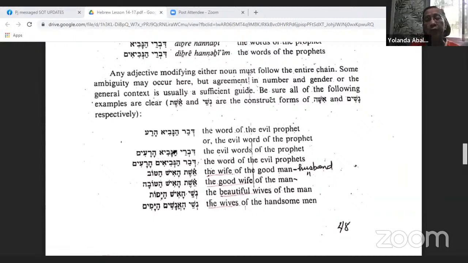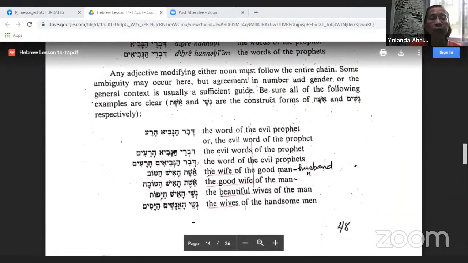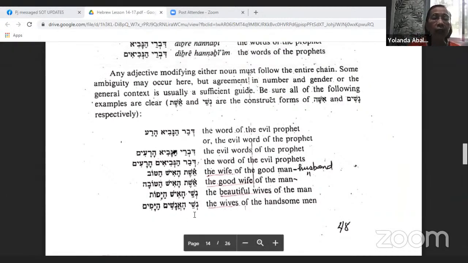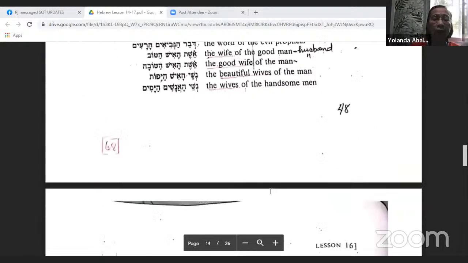Sino ang tinutukoy? Solomon and King David. Neshei HaAnashim HaYafim. Neshei, the wives. HaAnashim, of the men. HaYafim, handsome. Alright, so ibig sabihin yan, the wives of the handsome men.